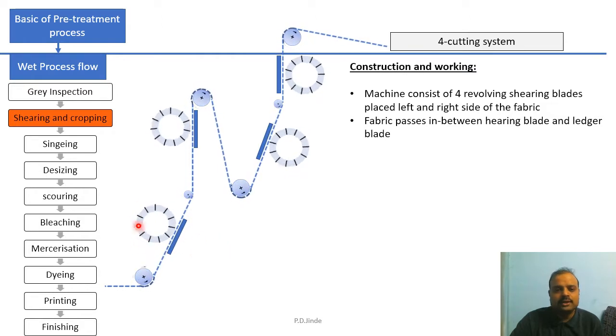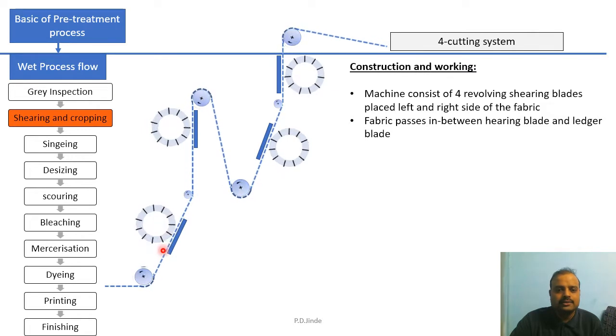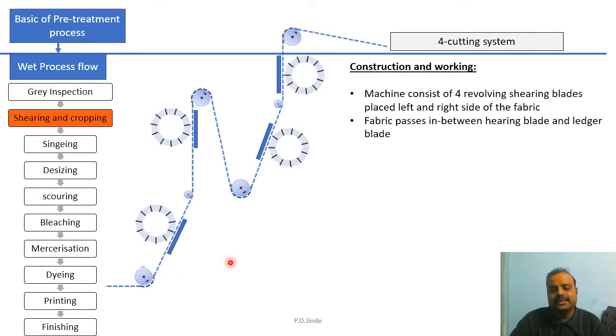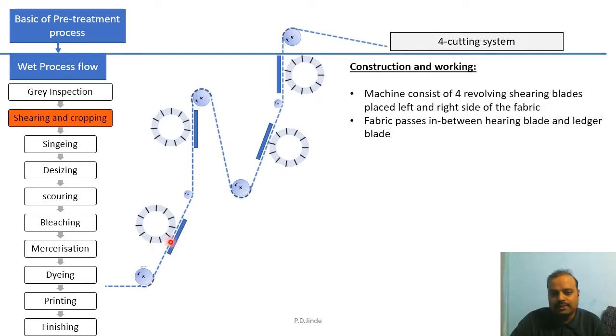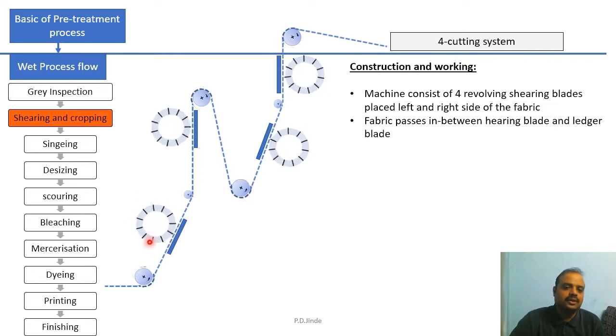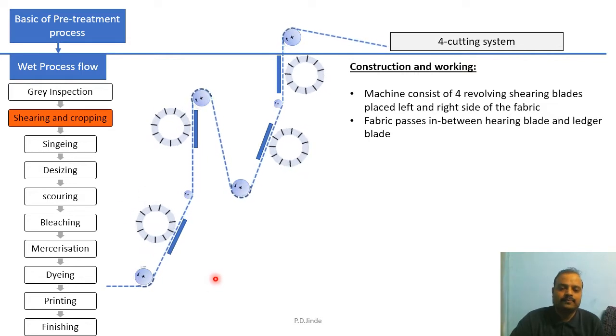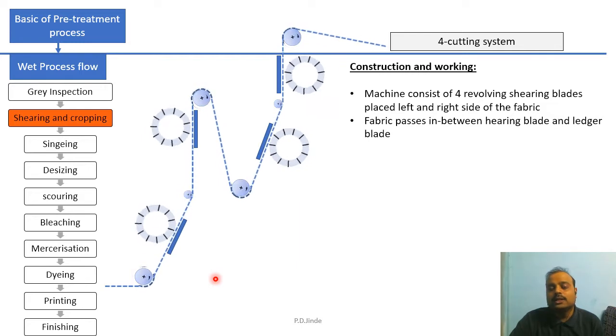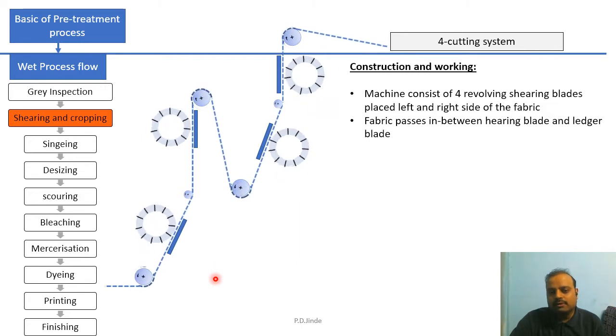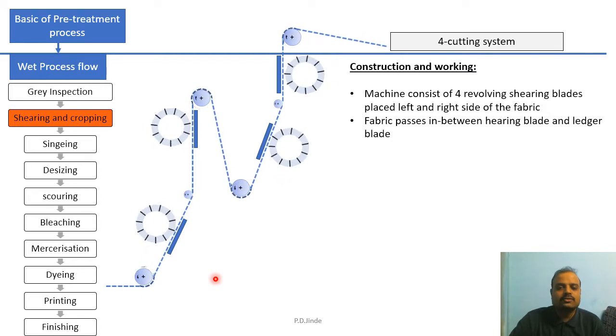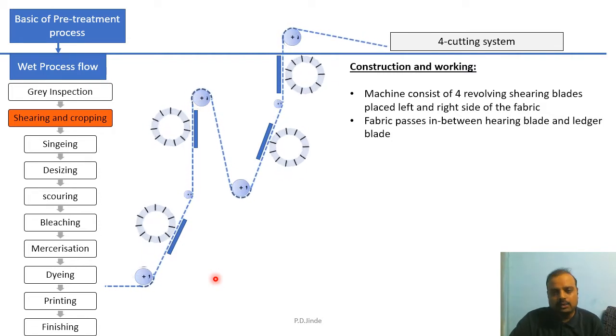You can see this is a roller, and these small lines represent the blades, and these blades are rotating in the direction opposite to the direction of the fabric. This is the direction of the fabric, and the shearing roller has a clockwise direction. It is opposite, and there is an advantage to rotating in the opposite direction. Whatever loose threads are very close to the surface of the fabric can easily be raised and cut out.